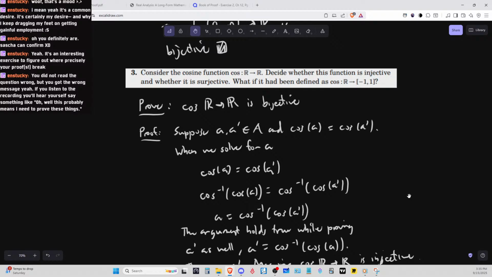In other words, I thought that if I wrote a proof, there's something in the proof that should tell me that, hey, cosine is not bijective. But I guess I put too much emphasis on cosine being part of the real numbers.